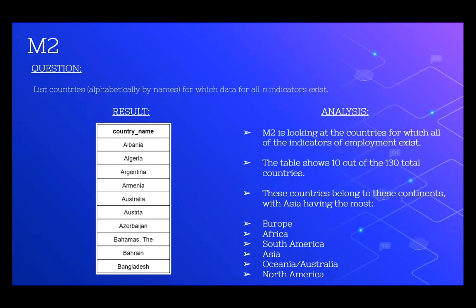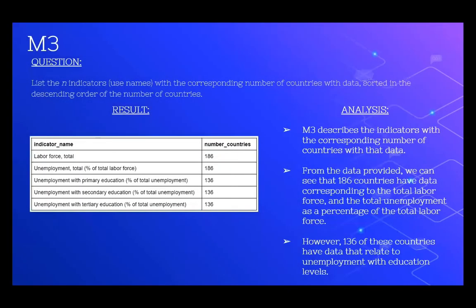In contrast, in the next question, M2, we found all countries that do have data for all 5 indicators in employment. This resulted in 130 countries, with the majority of them being in Asia. All the other continents except Antarctica had countries with data. In the following question, M3, we take a look into the total countries that have data for each of the 5 indicators by name.